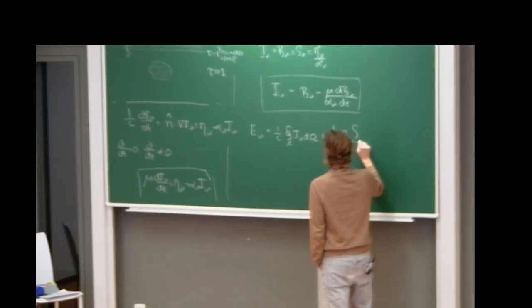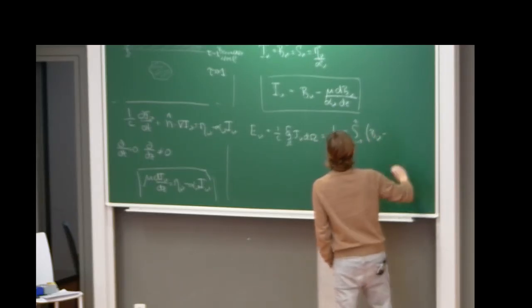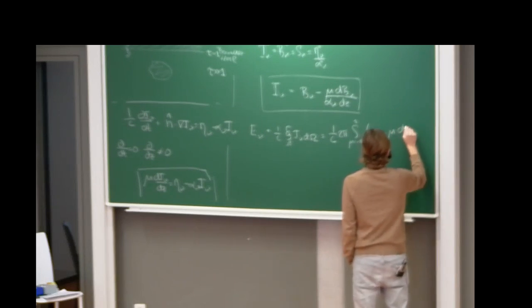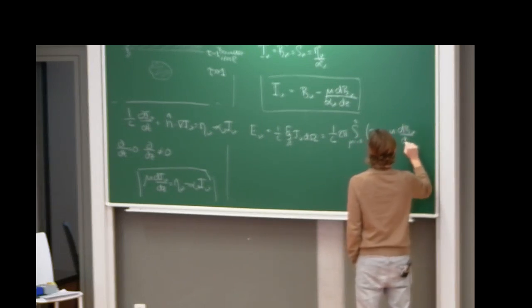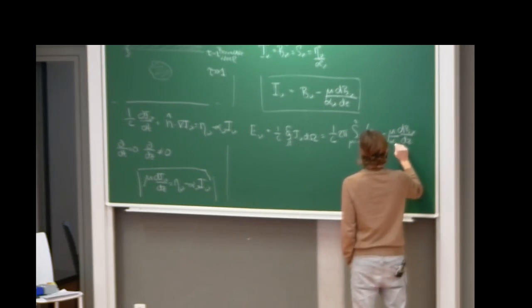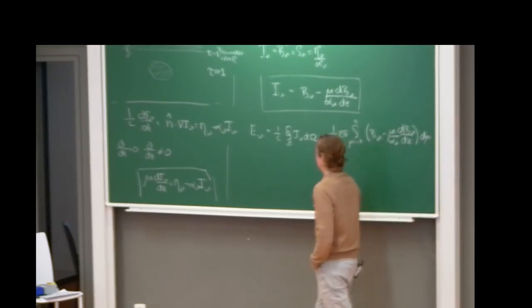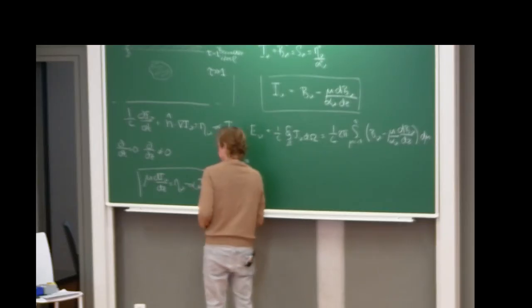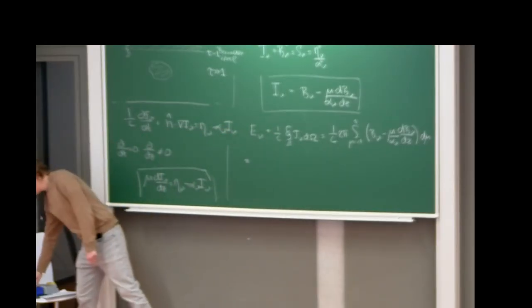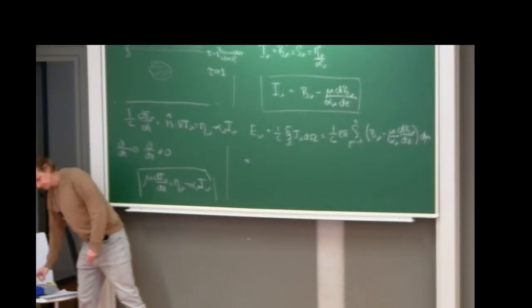Then we have mu from minus 1 to 1, right? And then B nu minus mu, the B nu, this alpha nu, d mu.